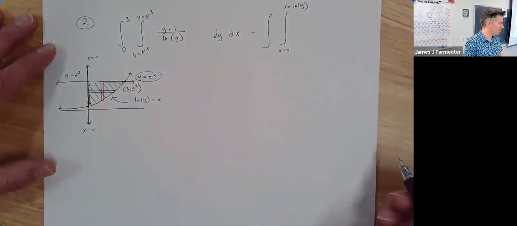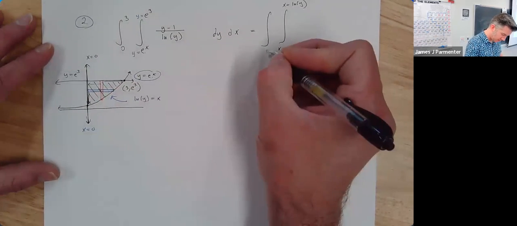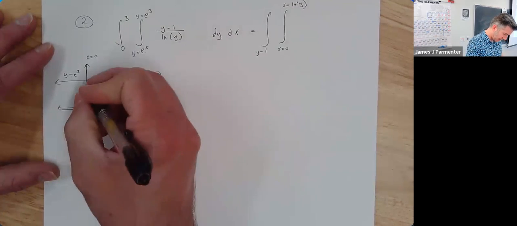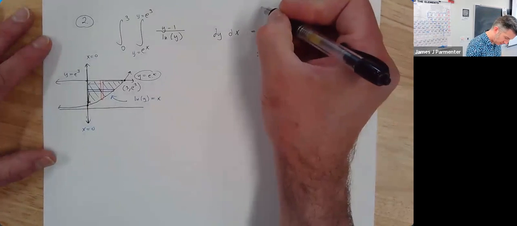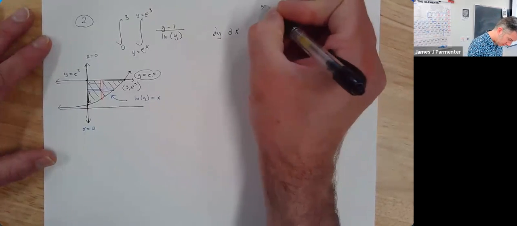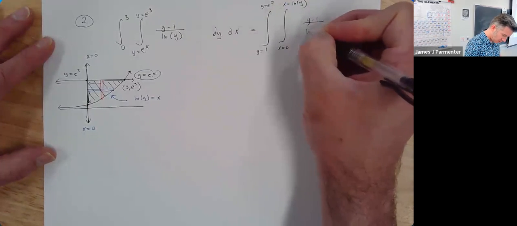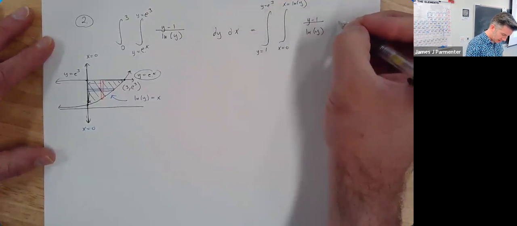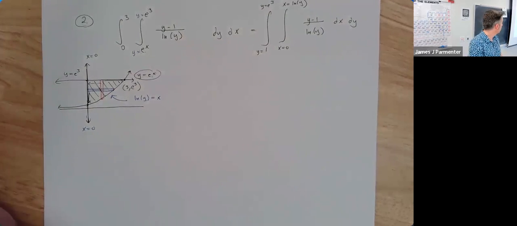What's my lowest y value in this region? 1. Yeah, right, because that's where we plug in 0 for e to the 0 and you get y equals 1. And up as high as y equal to e cubed. That is just the top value. And then everything inside here still stays the same. Y minus 1 over natural log of y, but now it's dx dy instead of dy dx.